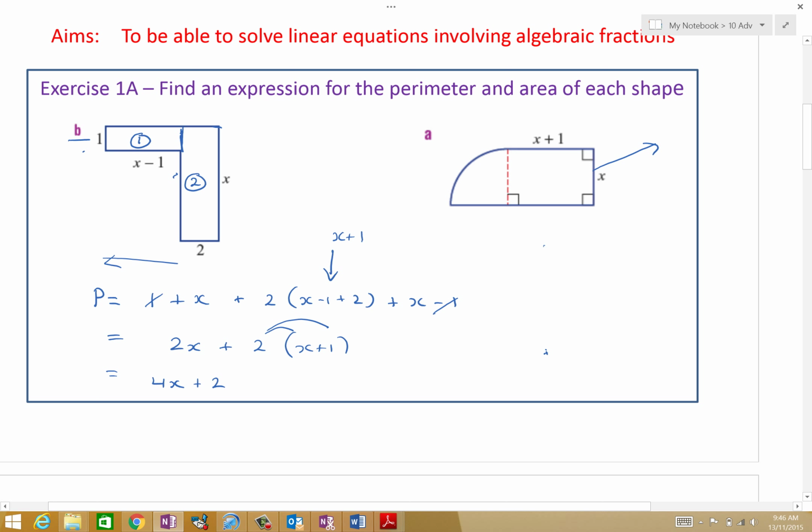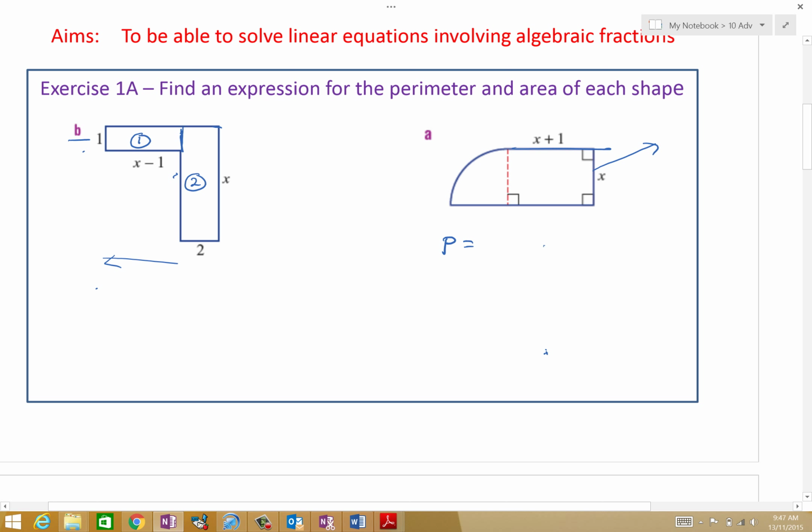Well, we've got a rectangle. What's the perimeter of the rectangle? Well, we've got 2 sides. So the perimeter of this side is equal to x plus 1 times 2, plus, do we have 2x or 1x? 1x here and 1x there, don't we? So, yes, we've got plus 2x.